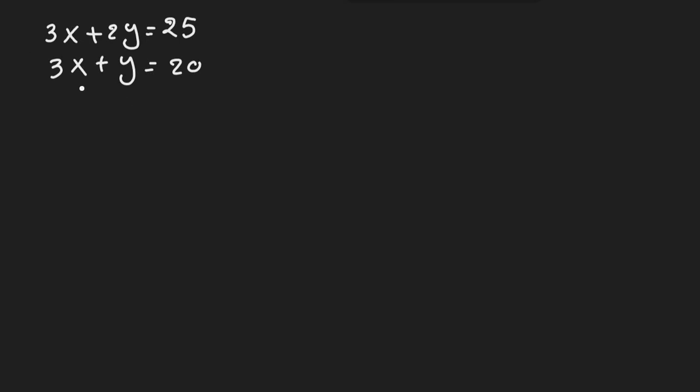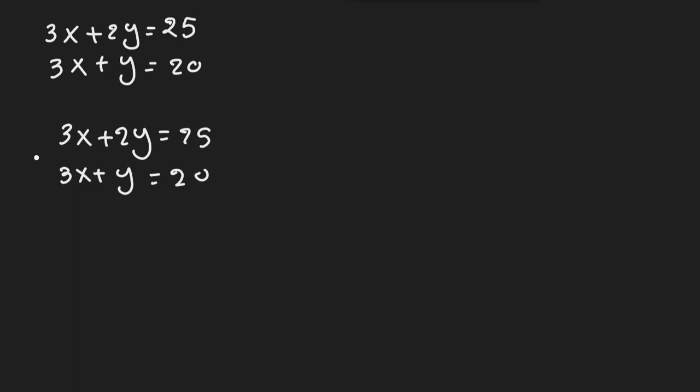Here again, x is equal, because 2y is not equal to y, but 3x is equal to 3x. I will write the equations again: 3x plus 2y equal to 25 and 3x plus y equal to 20.